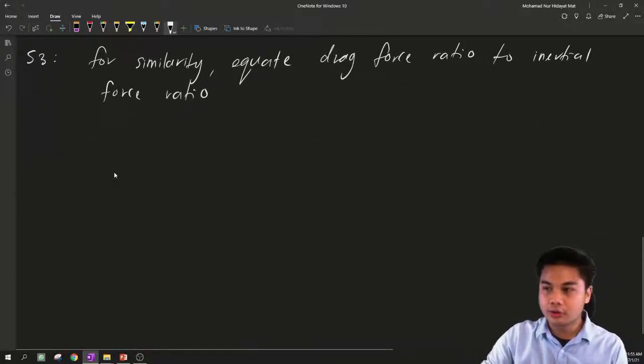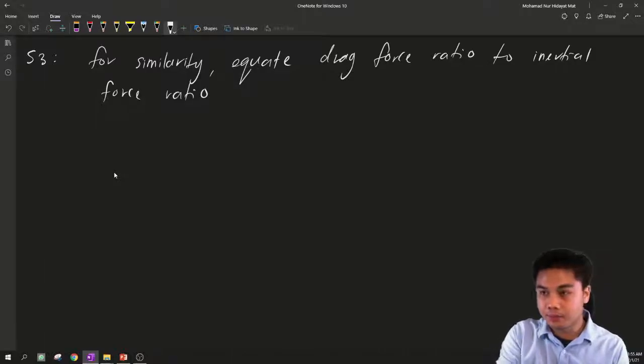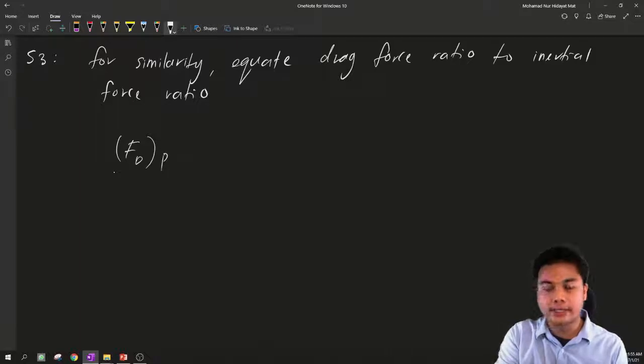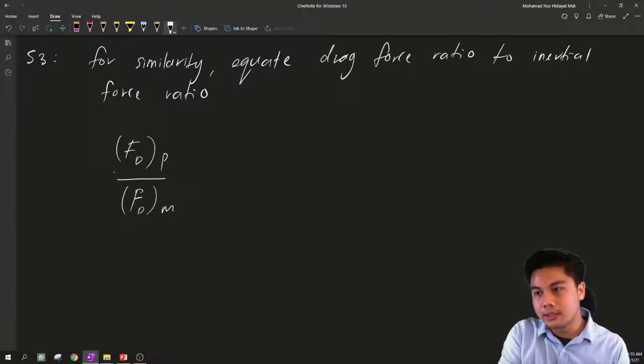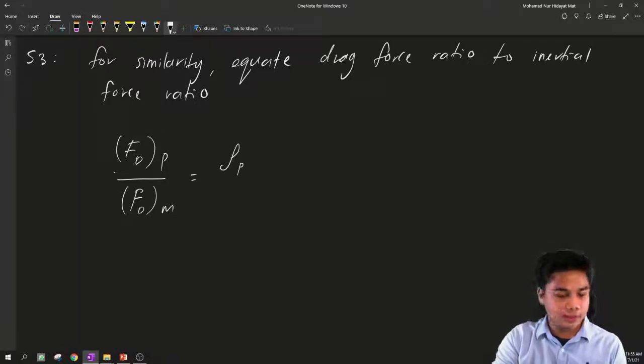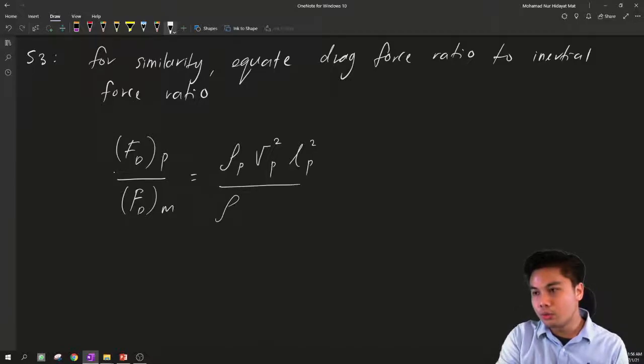Let's start with FD of the prototype, or you can say FD of the model, should be okay. FD of the model equates with the inertial force, which is rho V squared L squared of the prototype, over rho V squared L squared of the model.